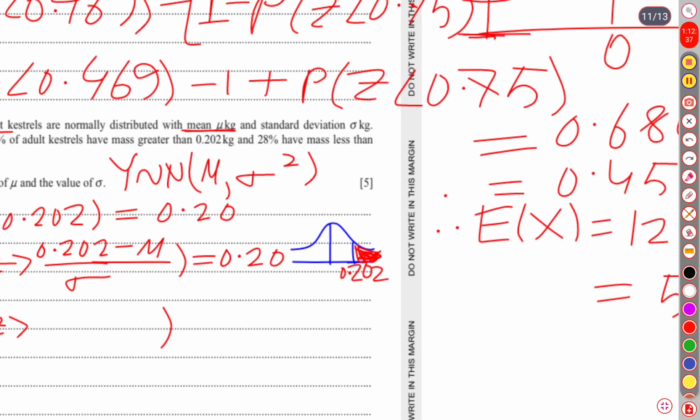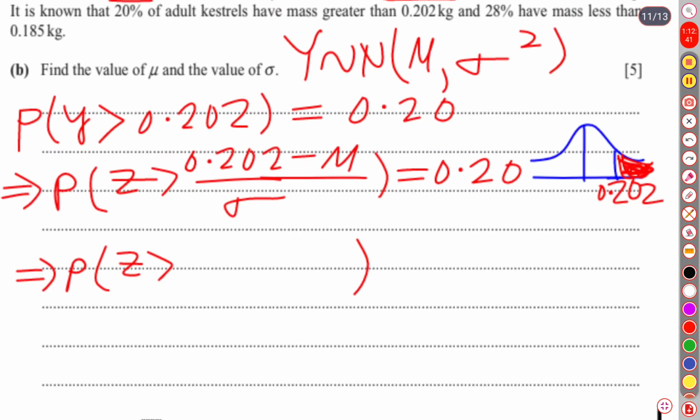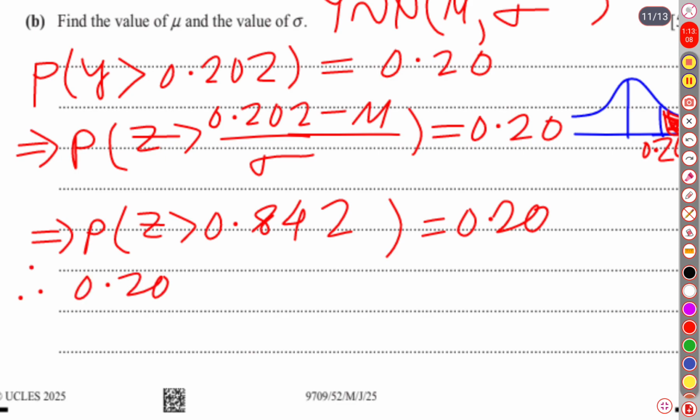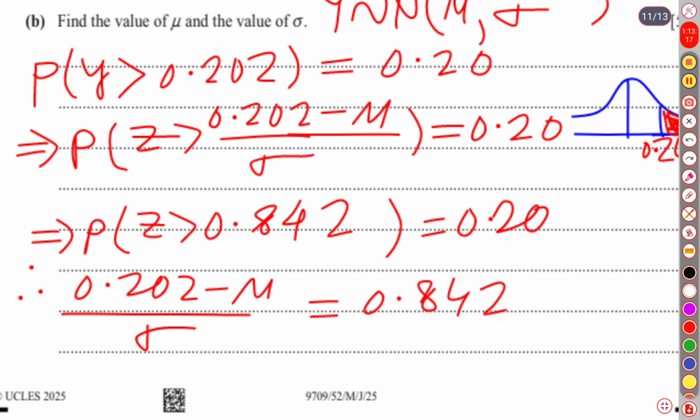Our z score is 0.842 when the probability is 0.80. Now, let us write directly: (0.202 minus mu) over sigma is equal to 0.842, because the probability is the same in both cases.